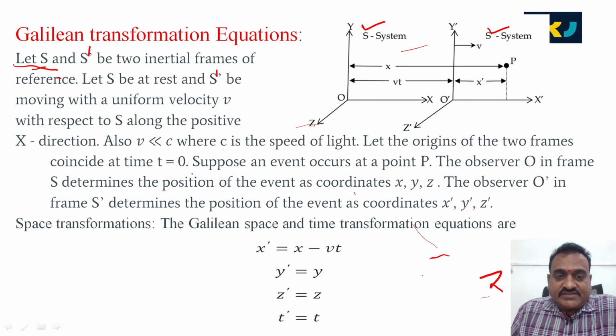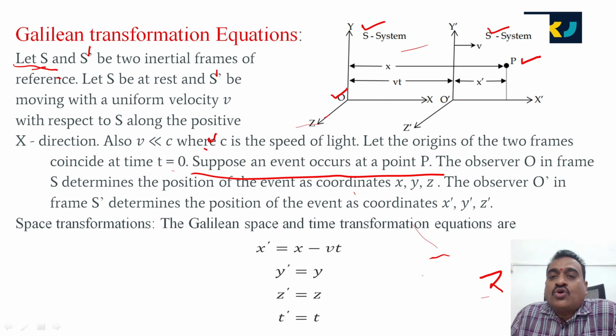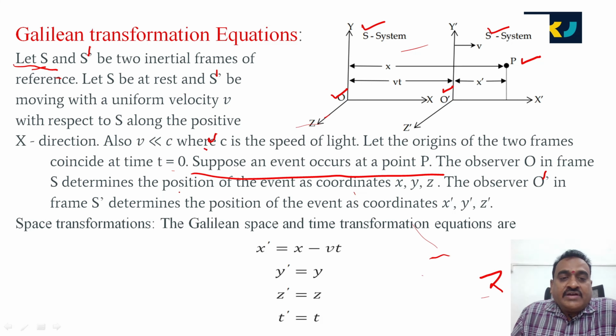Suppose an event occurs at a point P. The observer O in system S determines the position of the event as coordinates x, y, z. The observer O dash in frame S dash determines the position of the event as coordinates x dash, y dash and z dash.